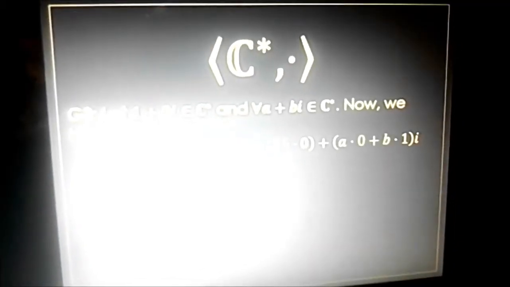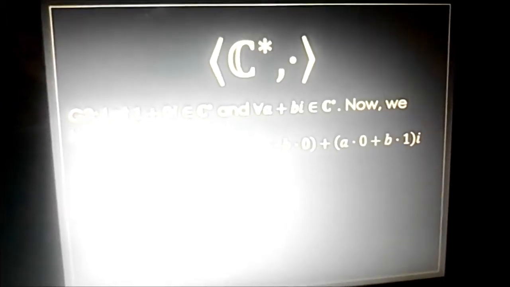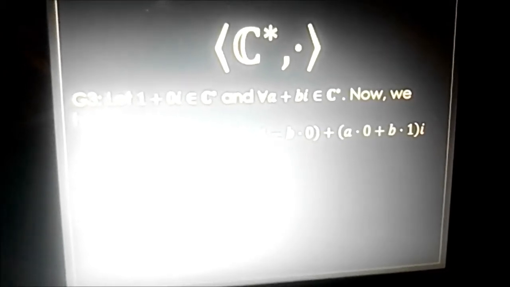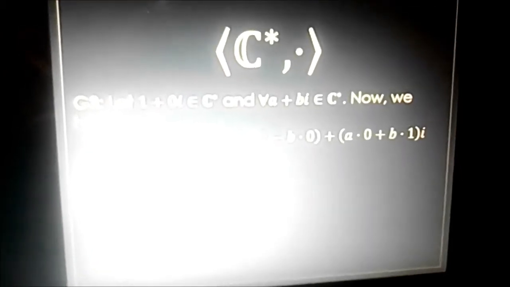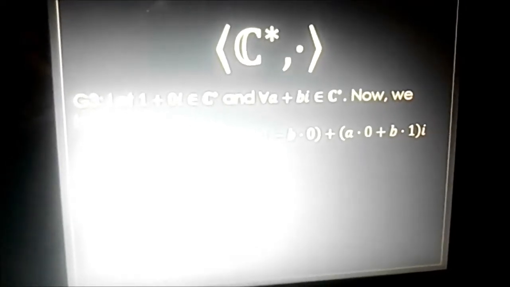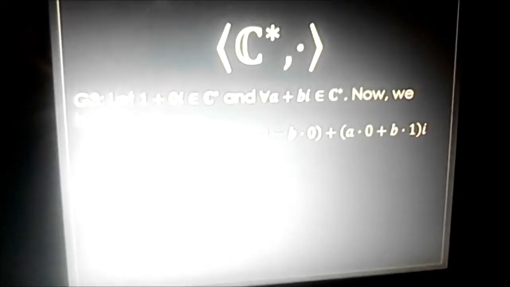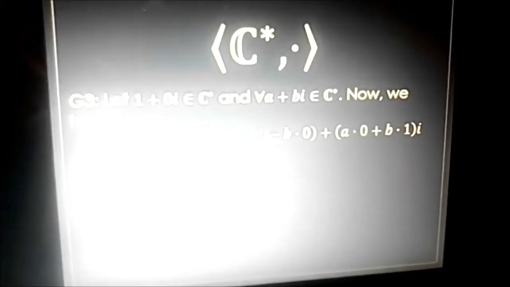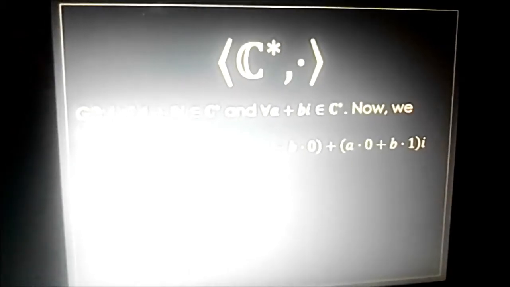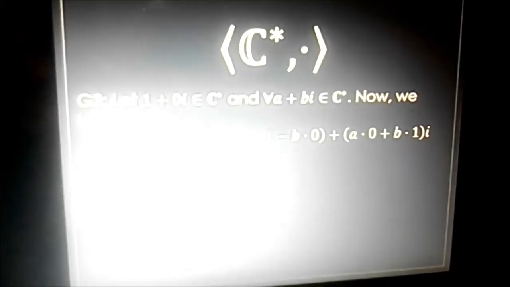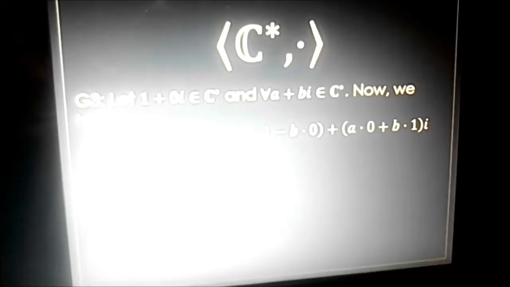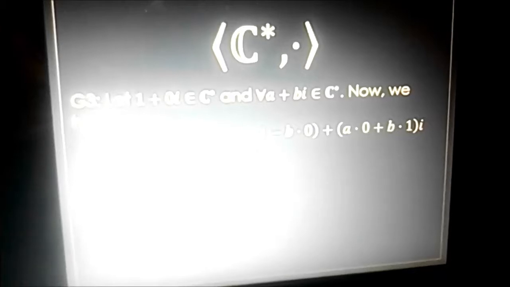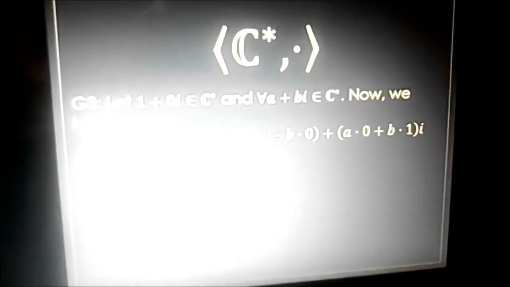Now we can have (a + bi) multiplied by (1 + 0i). Our target here is to get the identity element, which is attainable by the assumption that we have. So we have (a + bi)(1 + 0i) equal to a multiplied by 1, which is first on the FOIL method, minus b times 0.